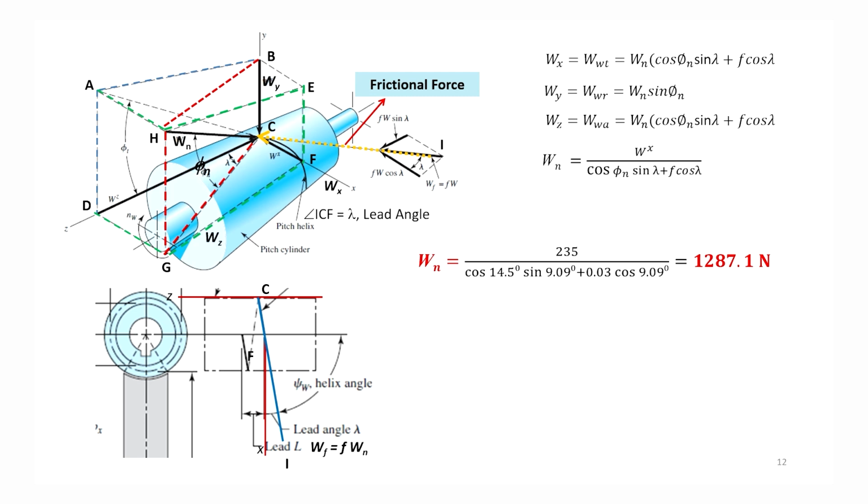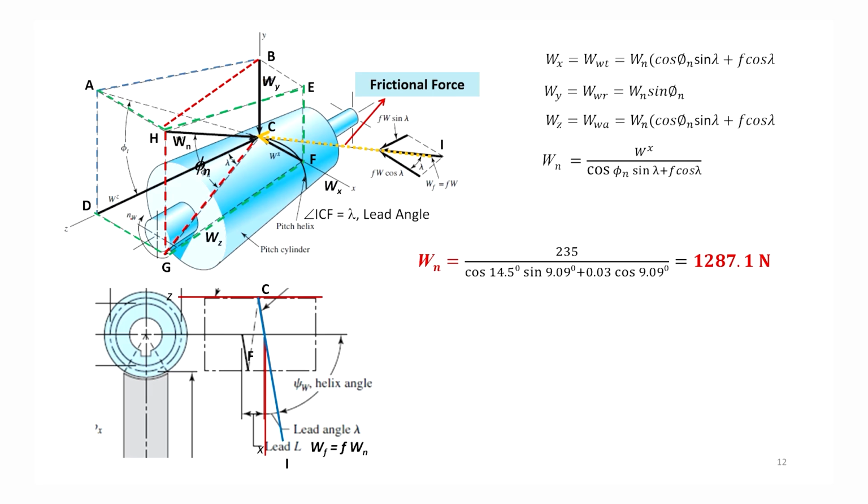we will get the forces which will act at the pitch point when there will not be friction. And the angle between HC and GC is normal pressure angle. And the angle DCG is the lead angle. So, knowing these angles, we can find the component of forces without considering the friction in the direction of x, y, z.